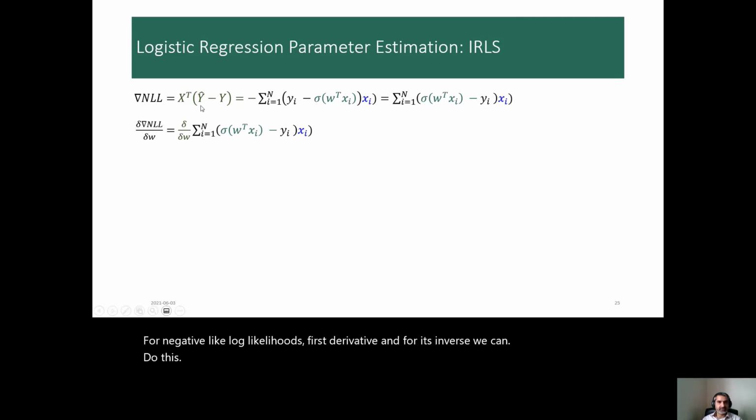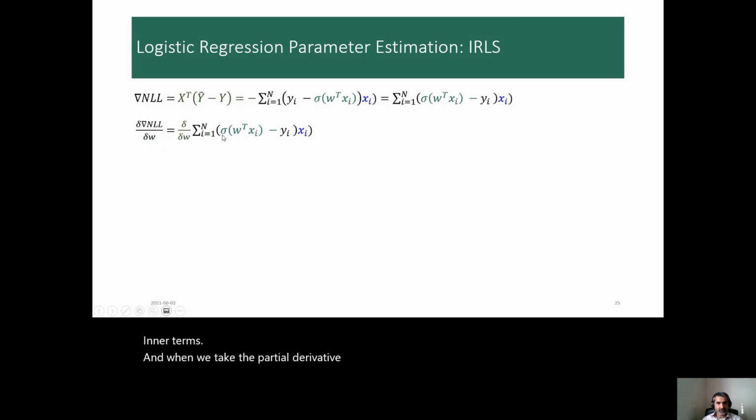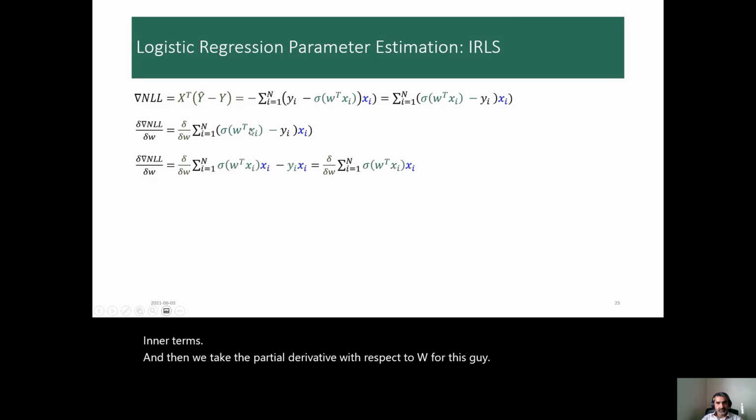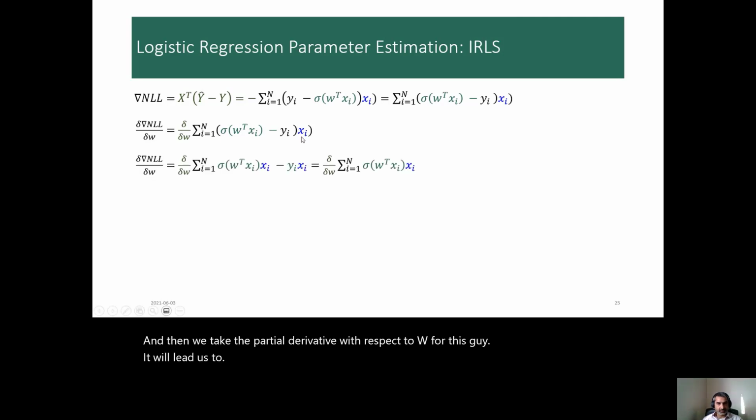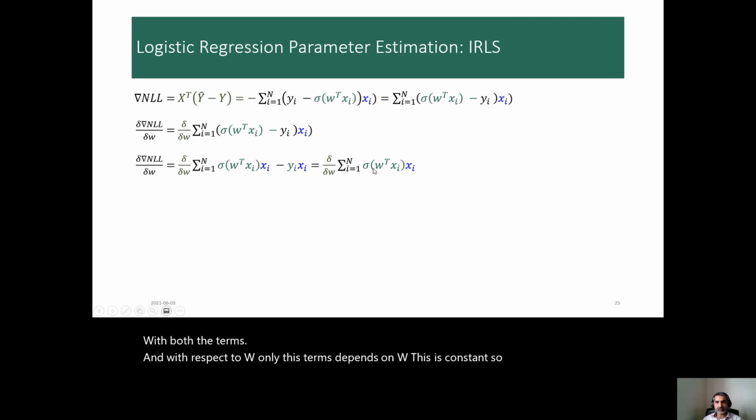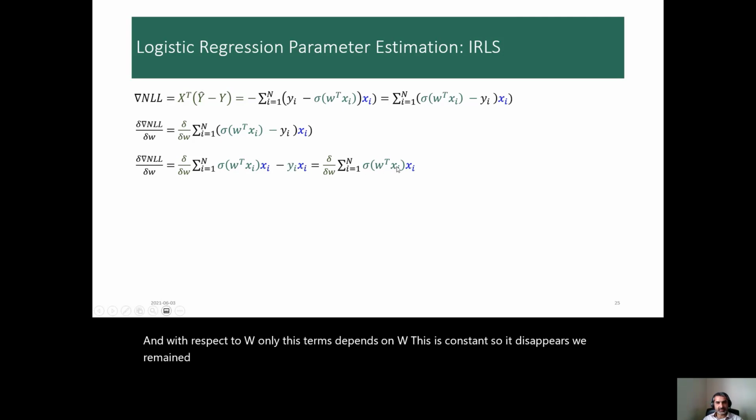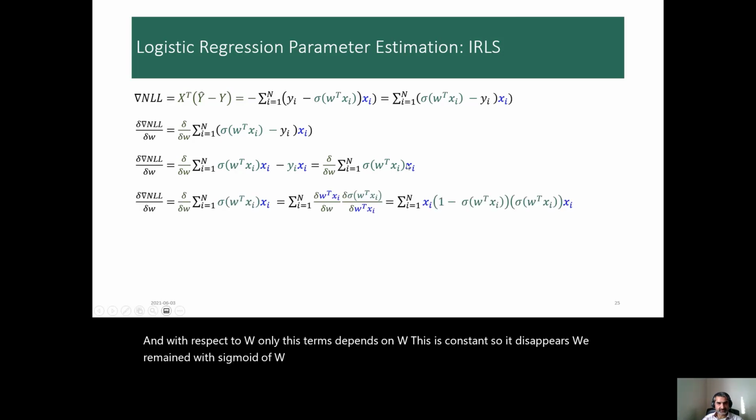We expand this with the corresponding inner terms, and when we take the partial derivative with respect to W, it will lead us to putting X inside with both the terms. With respect to W, only this term depends on W. This is constant, so it disappears. We remain with sigmoid of W transpose X multiplied by X.